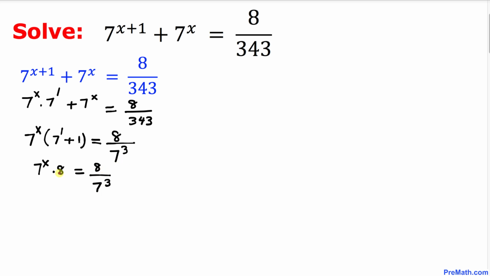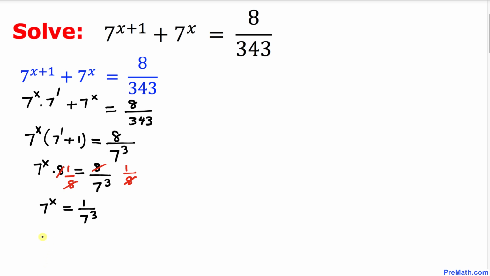And now we want to get rid of this 8 from both sides. So I'm going to multiply by 1 over 8 on this side and 1 over 8 on this side. So this 8 and 8 is gone. Here this 8 and 8 is gone. So we ended up with 7 power x equal to 1 over 7 power 3.